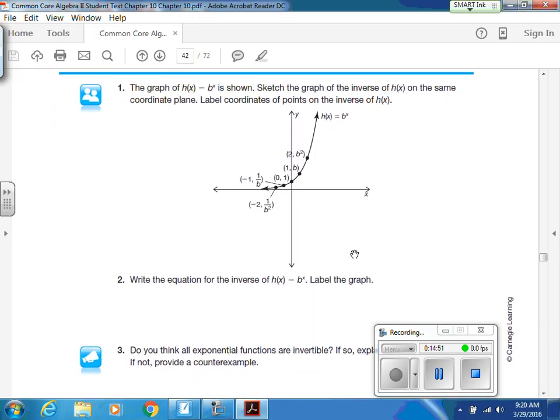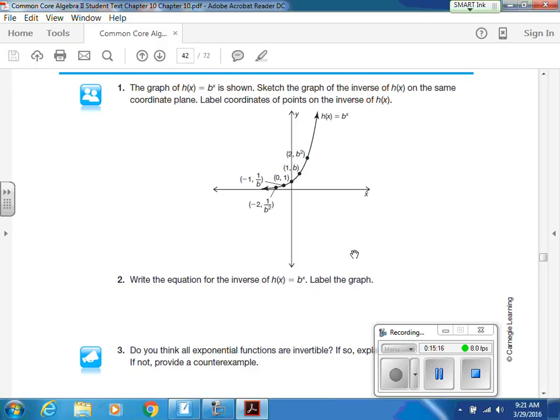Okay. Let's look at this one for a second. So this is the graph of h of x equals b to the x. Sketch the graph of the inverse and label the coordinates. And well, they've given us all the points, right?